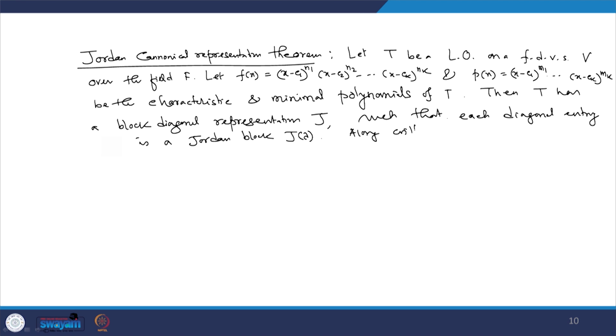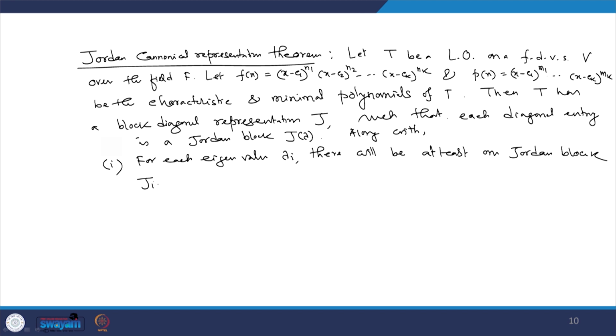Along with this, first, for each eigenvalue lambda i, there will be at least one Jordan block of order mi.